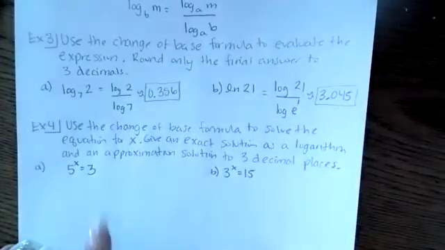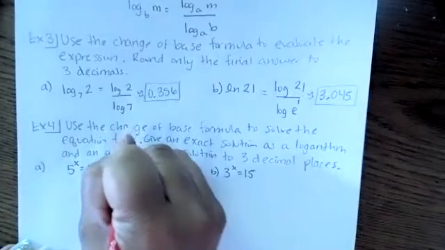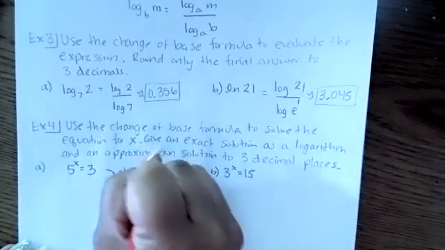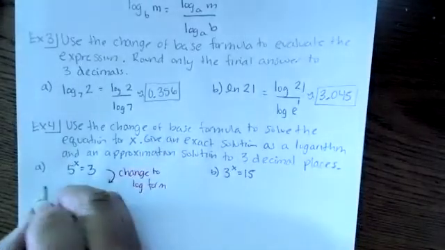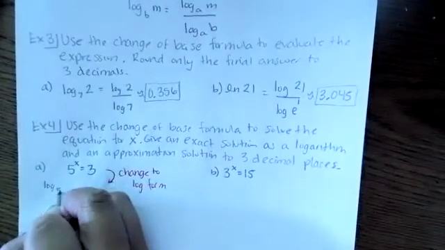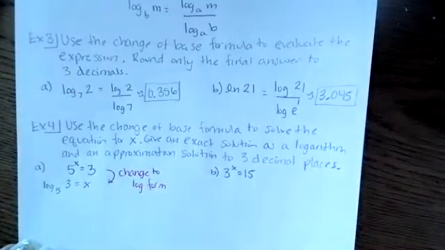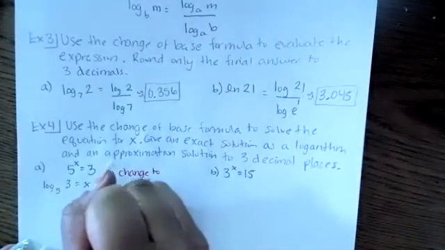To start here, this is exponential form. I'm going to change it to logarithmic form. In log form, this is log base 5 of 3 equals x. Now here, I'm going to do the change of base formula.